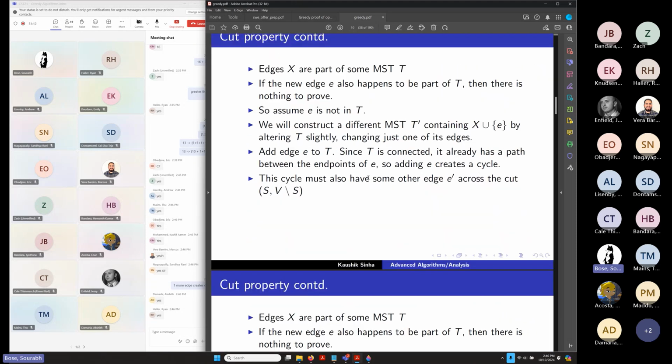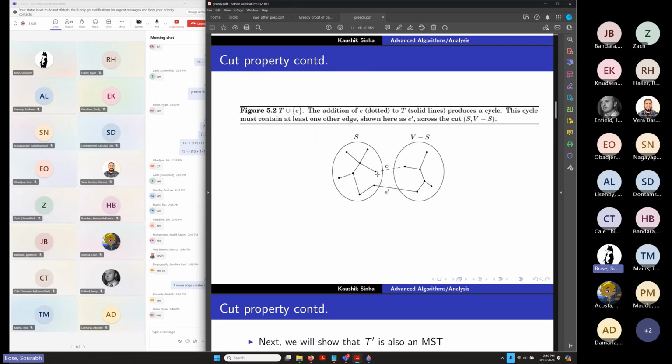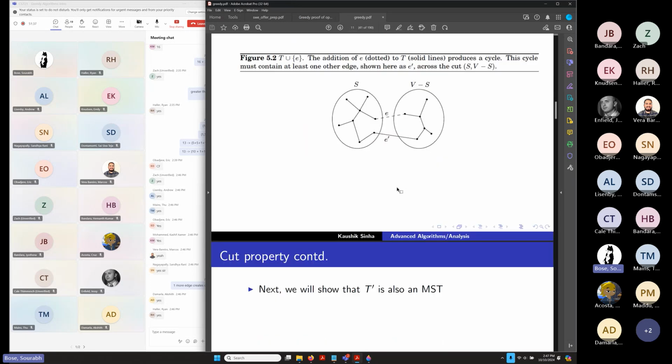So this cycle must also have some other edge E prime across the cut. There is a diagram like this. You have added E. Since it has created a cycle, do you agree that there must be one more edge that existed in the previous solution that is the contributing factor of this cycle?